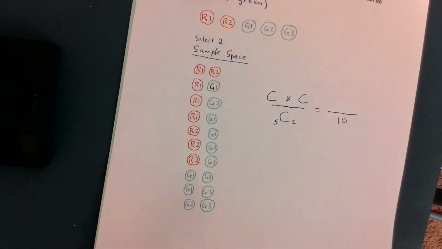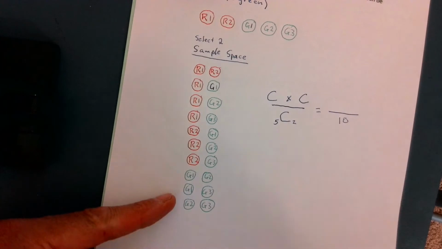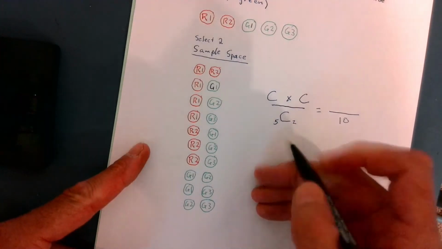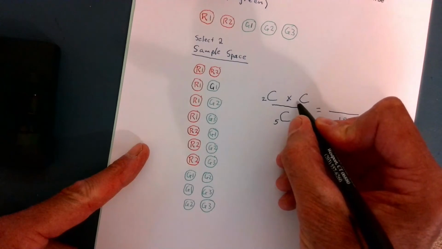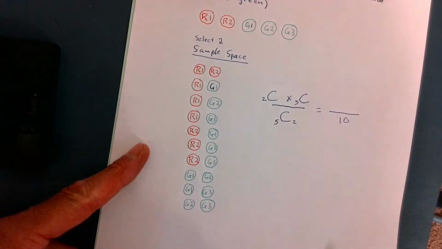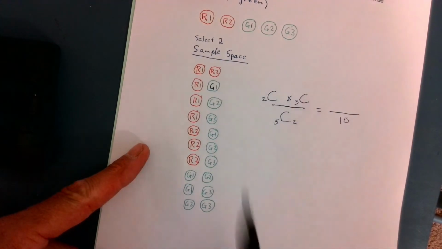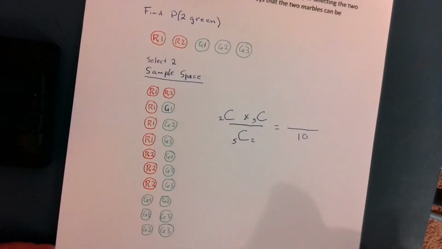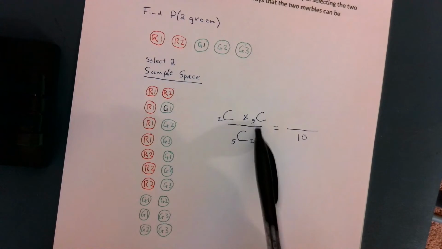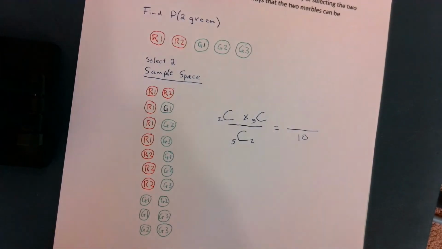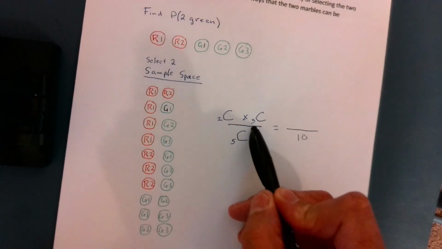Okay, now we have to figure out the numerator. So with the numerator, we have 5 balls, and it consists of 2 red and 3 green. So notice 2 plus 3 equals 5. Okay, so the C that has the 3 in front, the 3 is the number of green.